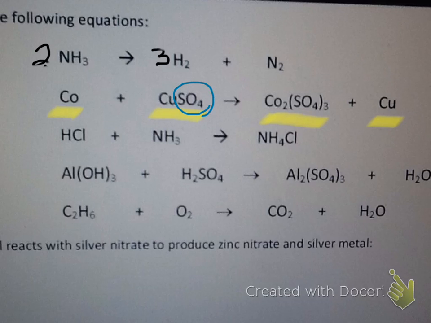Those polyatomic ions, if they appear on both sides of the equation, see how I have a sulfate on the left-hand side and I still have that polyatomic sulfate on the right-hand side? It seems that the sulfur-oxygen atoms did not break their bonds. Those bonds remain constant, or they acted as a unit throughout the entire chemical equation.